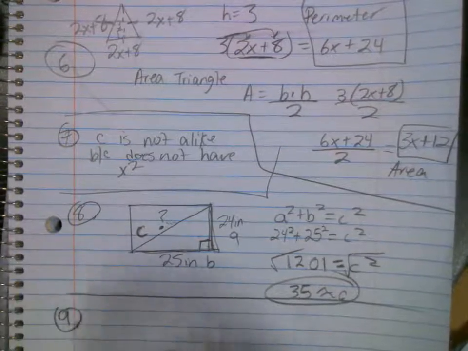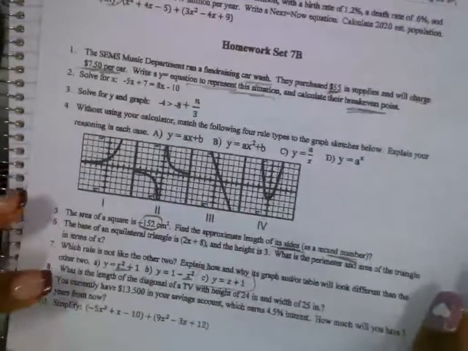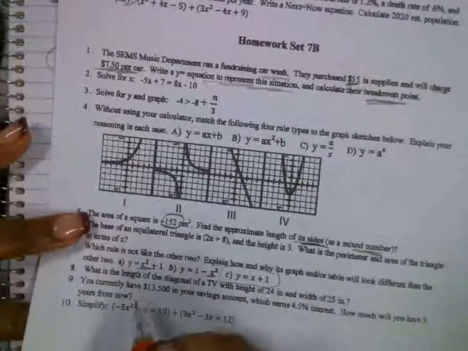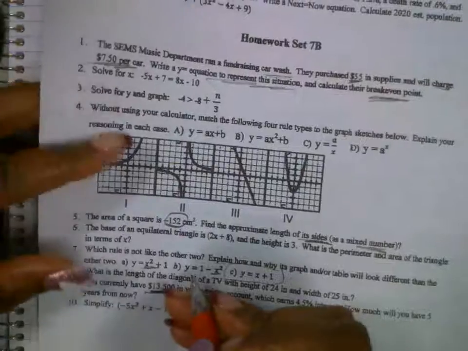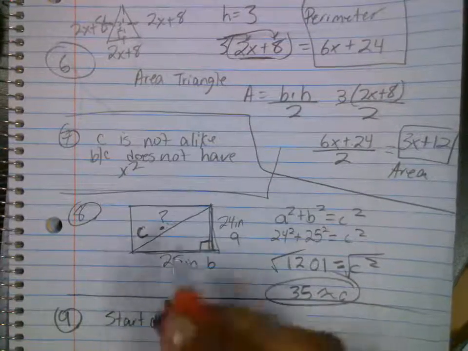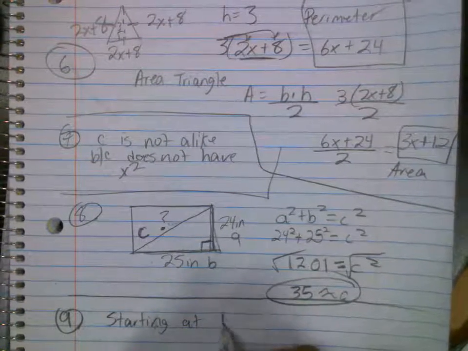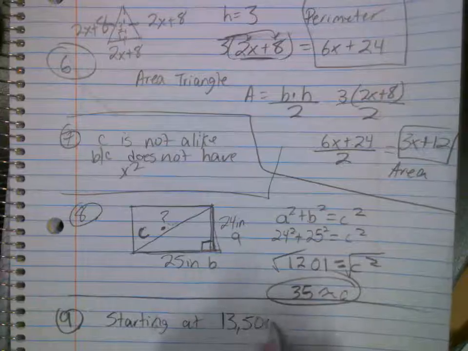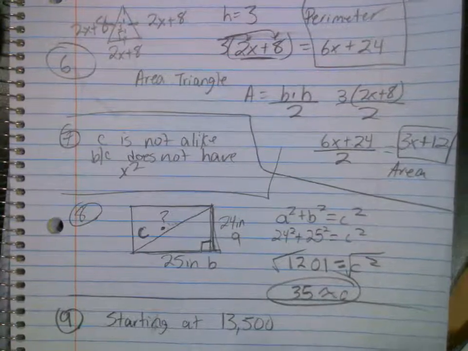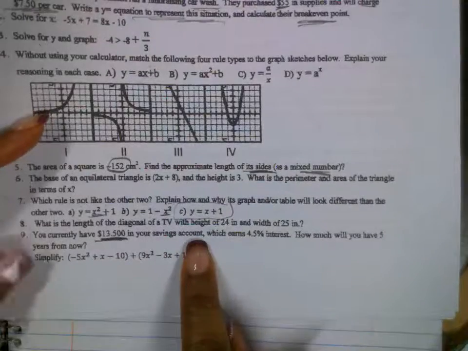Number 9. We've done one like number 9 before, but you might not remember. It's a next-now equation. You currently have 13,500. That's your starting amount. So we're starting at 13,500 starting amount. So now it's saying that's in your savings account.